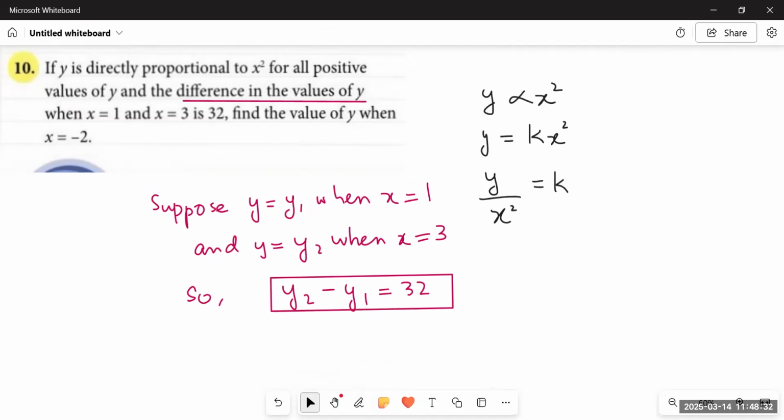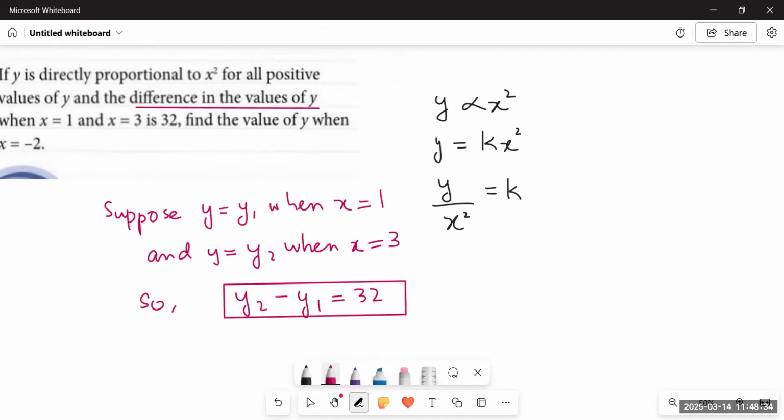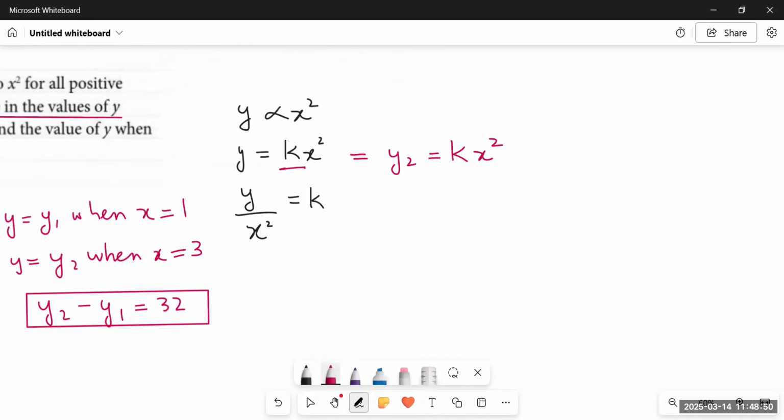Now, moving towards the equation, y is equal to kx squared, we should remember that k is a constant. It is the same value. Therefore, we can say that y2 is equal to kx squared and y1 is equal to kx squared.